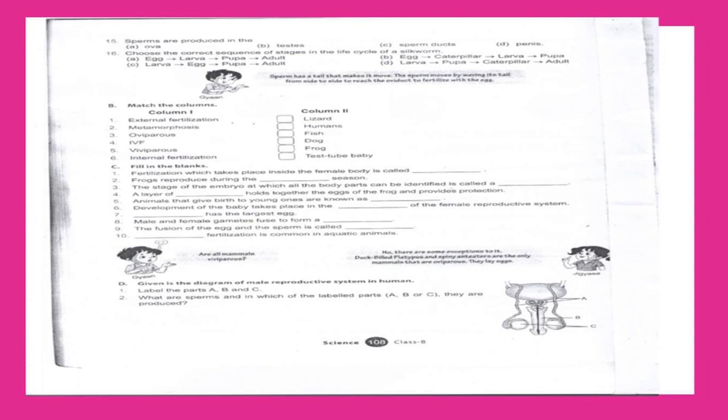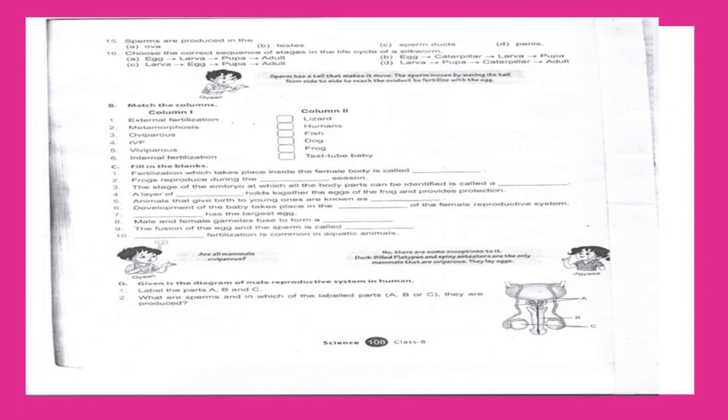That is, fertilization takes place outside the human body in a laboratory condition in a test tube. So that is called in vitro fertilization. Then viviparous, dog. Internal fertilization, human. This is the match the following.